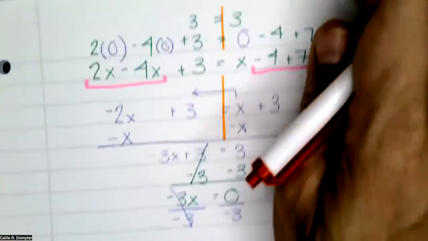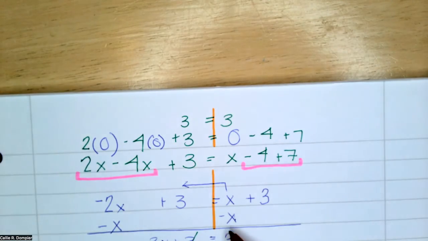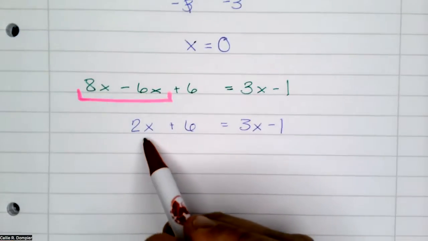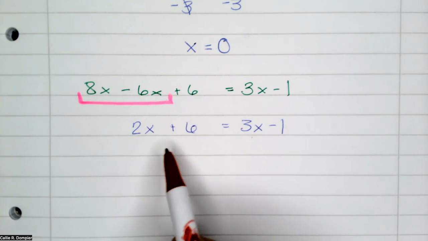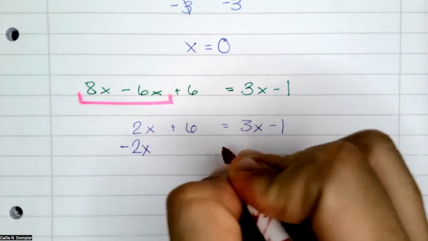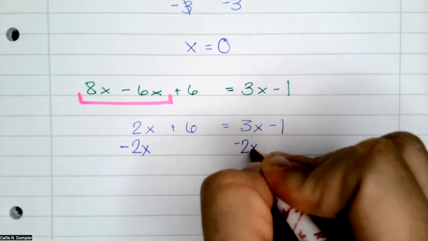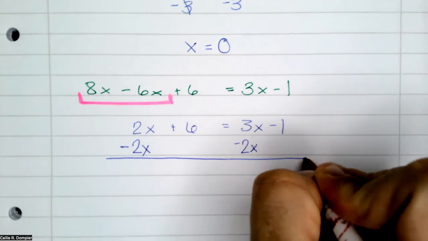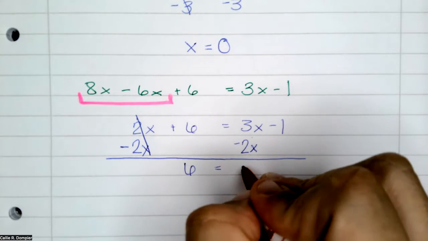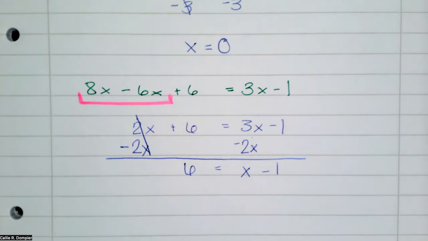Now, over here, I subtracted the x so that all the x's were on the left. But here, if I subtract this, the x is going to be negative. That's not always the easiest, so I can subtract from this side too. So minus 2x, just to combine all the x's on one side. That's now a 6 equals 3x minus 2x is x minus 1.